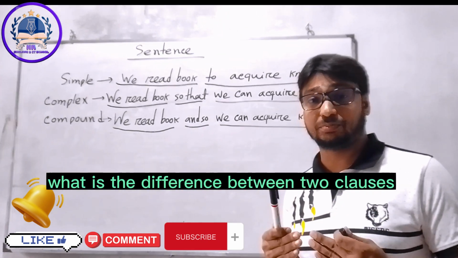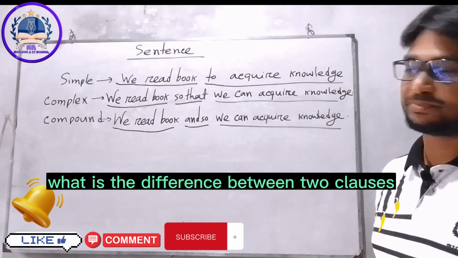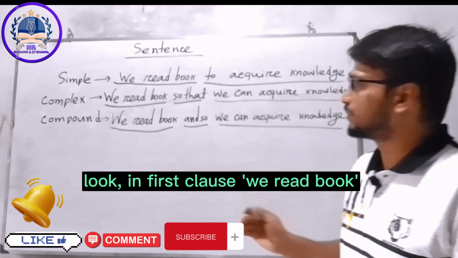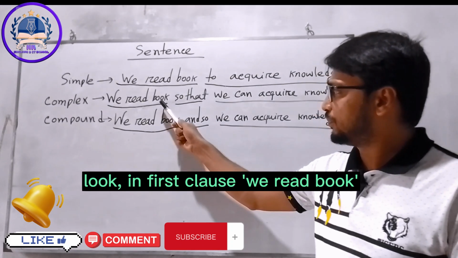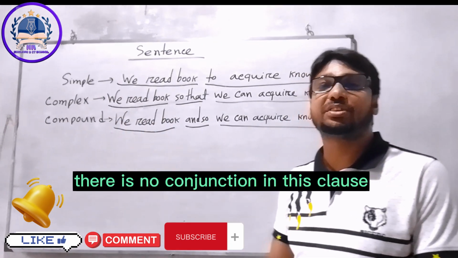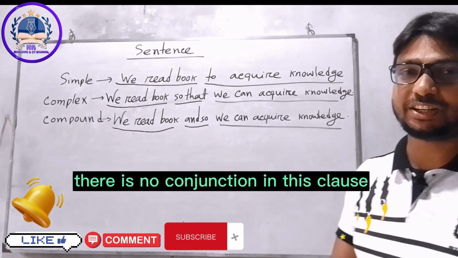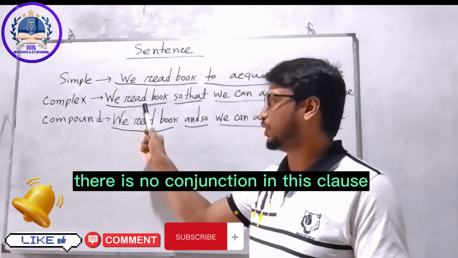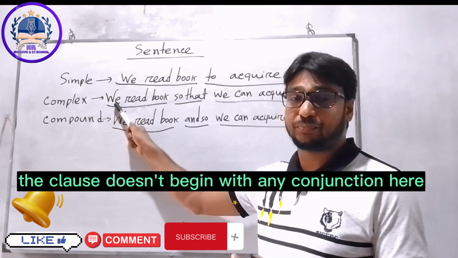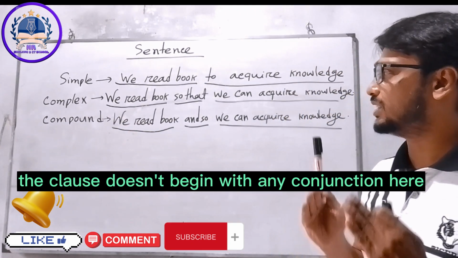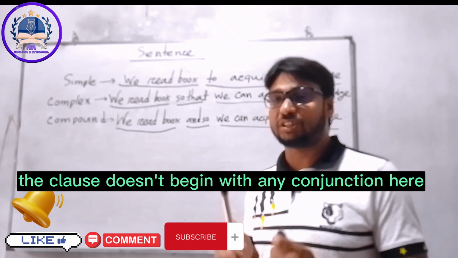What is the difference between the two clauses? Look, in the first clause, we read book, there is no conjunction in this clause. The clause doesn't begin with any conjunction here.